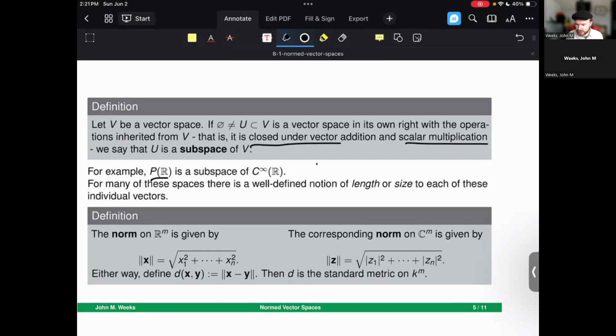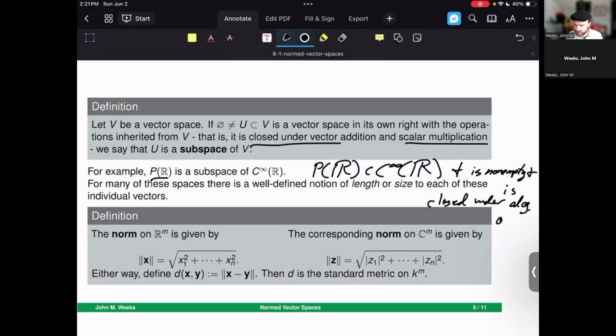So I know first that P of R is a subset of the smooth functions and is non-empty and is closed under the algebraic operations. All of these things together give us something that is a subspace of the vector space.